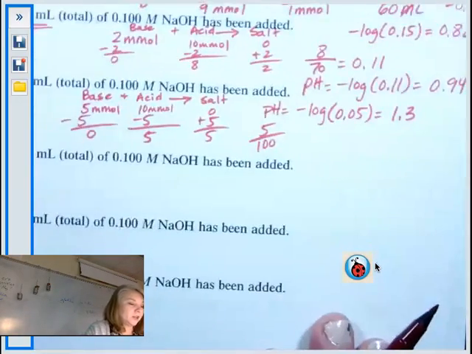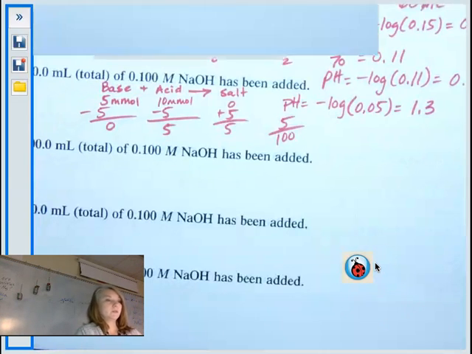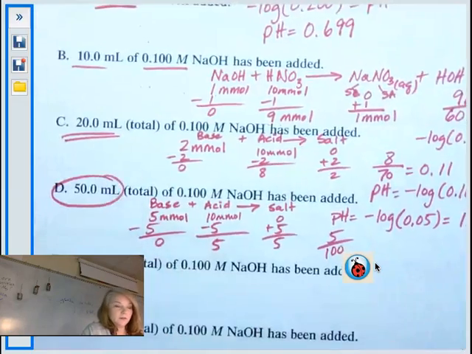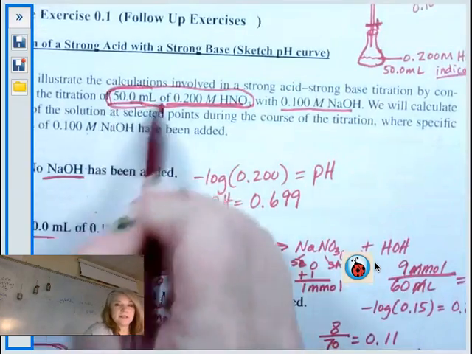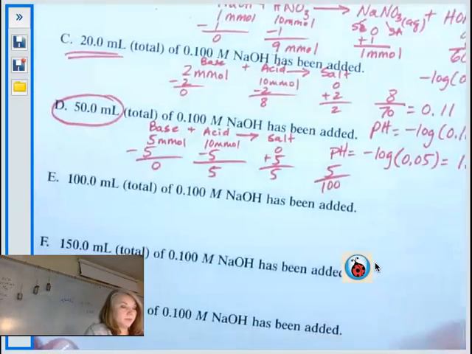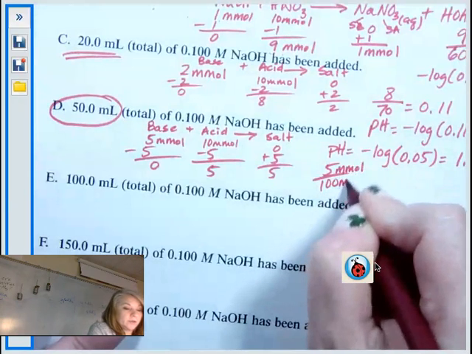Now we're making a huge jump. We're not doing this incrementally. You had 50 milliliters of base added to 50 milliliters of acid. 5 is your millimoles, and 100 is your milliliters.